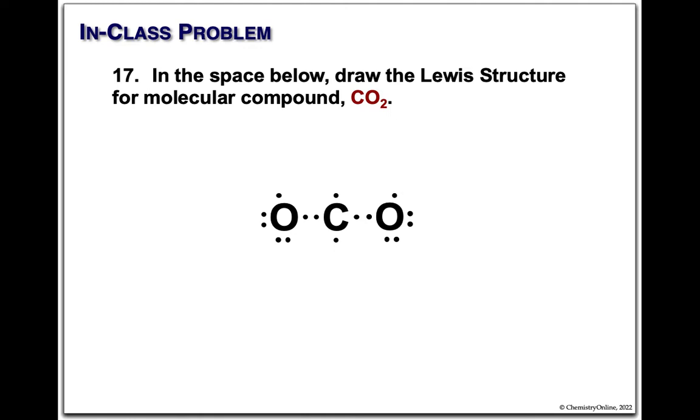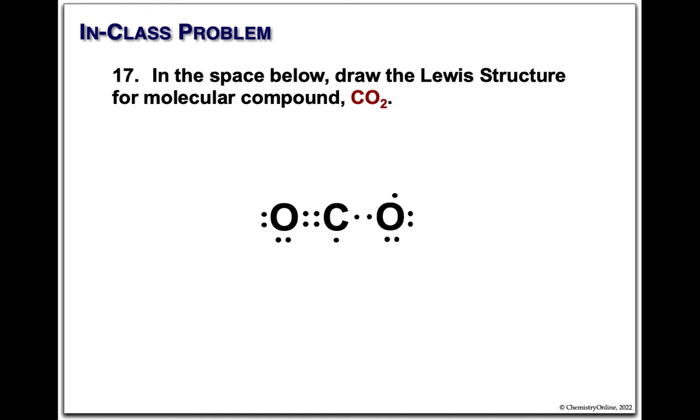Not a great situation, but we can remedy that by pairing things up to make double bonds. If we take this and this, and simply move them in to make a double bond, now this oxygen is 2, 4, 6, 8, and it's happy.